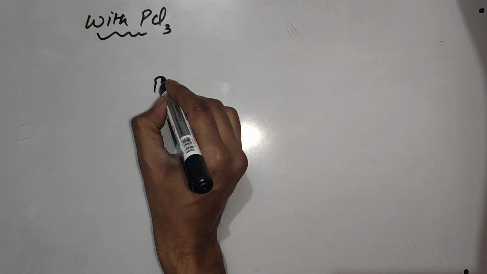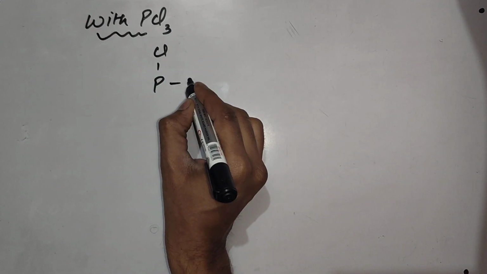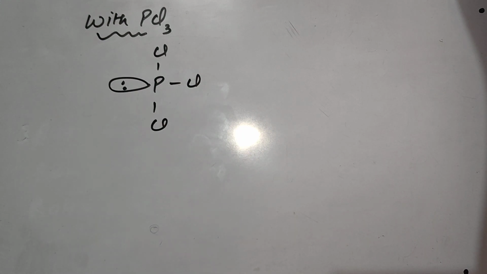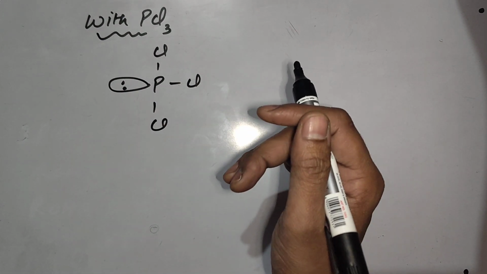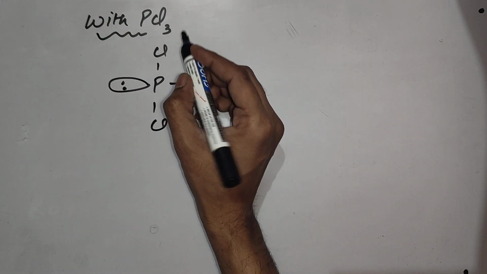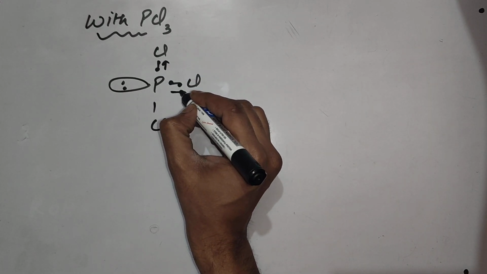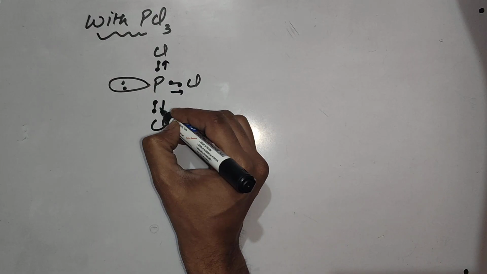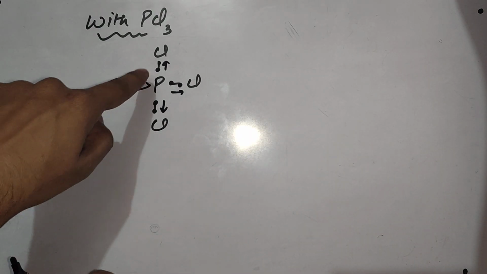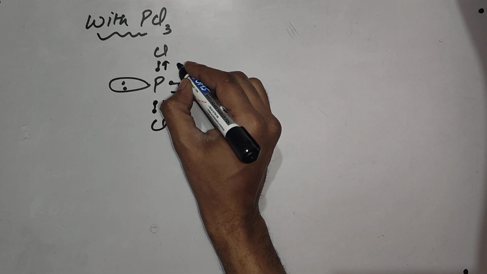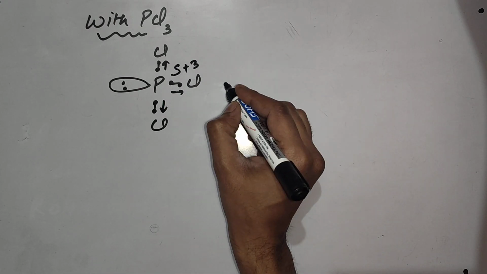In PCl3, this is the condition: phosphorus is surrounded by 3 chlorines, phosphorus trichloride. Because the electronegativity of chlorine is more than phosphorus, the 3 electrons of phosphorus are going toward chlorine, due to which it adopts a partial +3 charge.